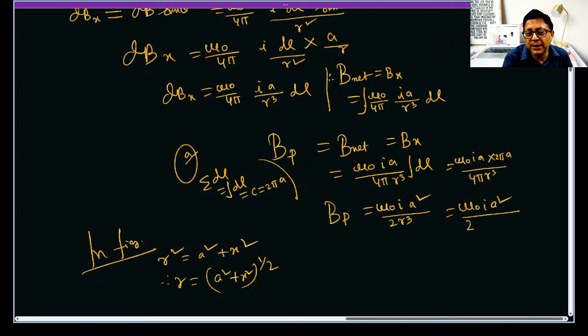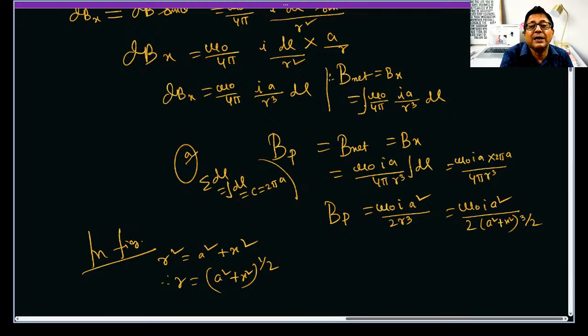Mu 0 I A square by 2 into A square plus X square to the power 3 by 2. Clear? This is for one turn of the coil. Coil normally, if you go for practical application, has several turns. Okay? This is for one turn only.